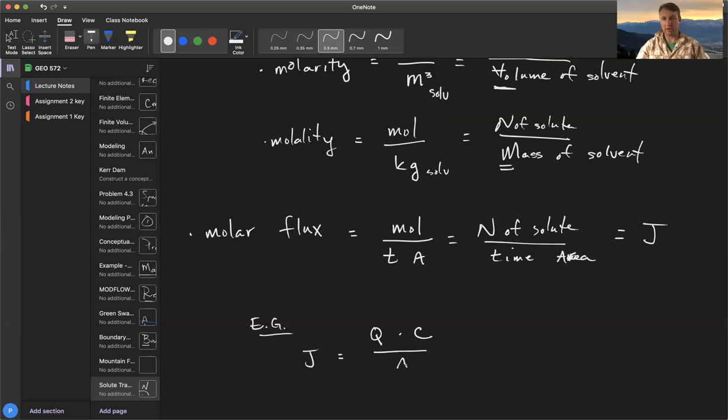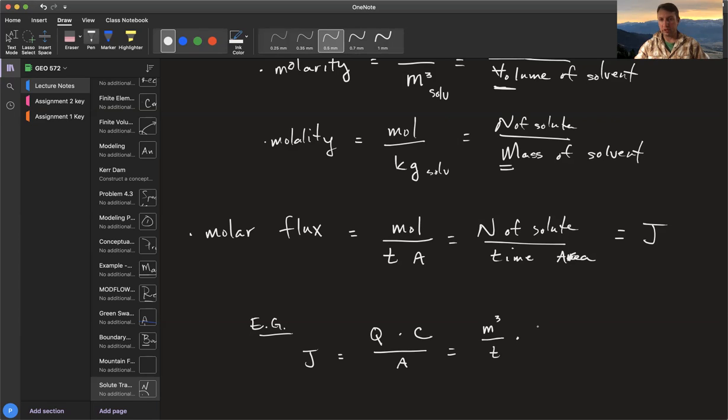over the area. And what do you think the units need to be of this concentration? Let's take a second and decide what you think they might need to be. Well, our discharge is in volume per time, so meters cubed per time.